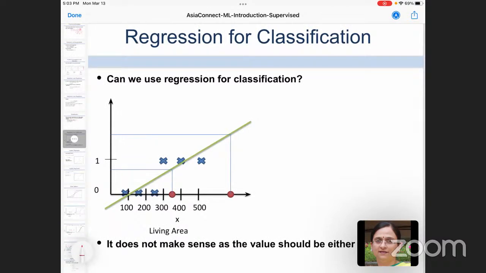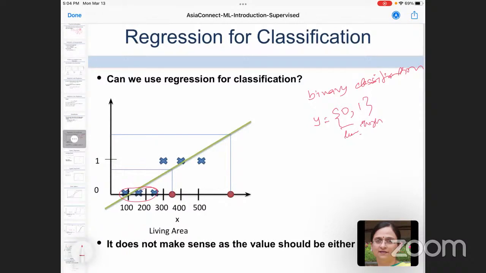So let's have a look. Here in classification, you have only two discrete values, not continuous. I am assuming binary classification first, so y can be only 0 or 1. In terms of houses, you can say whether the price is high or low: high is 1, low is 0. Then the labeled data will look like this.